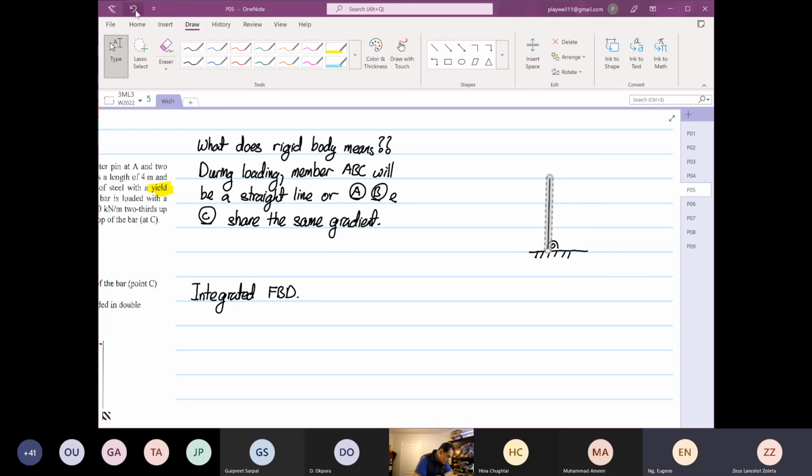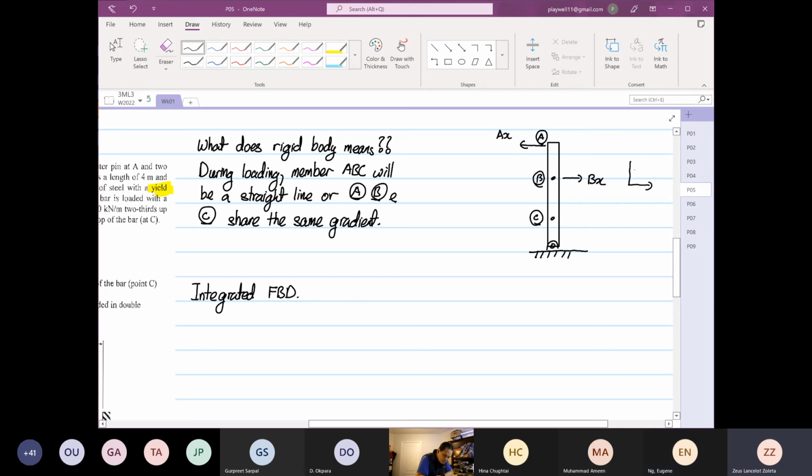And you have point A, somewhere around here is your point B, and over here is your point C. You have a load down here as in your AX, and then another load down here as in your BX, based on this transformation. So this is X and this is Y. We are going to make the assumption that AX is greater than BX.